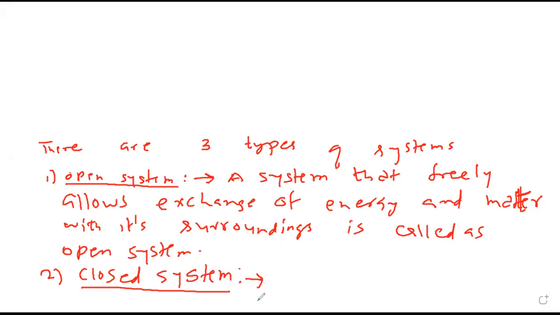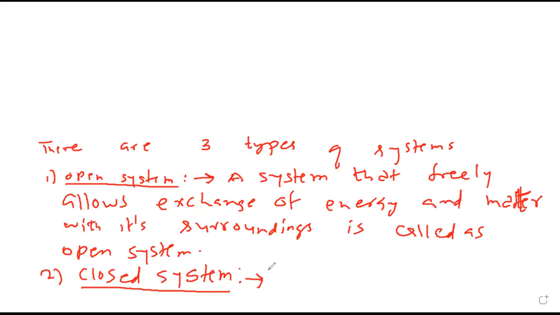Tomorrow I will shift my location. A system that freely allows exchange of energy and matter with its surroundings is called an open system. Written? Is it audible now properly?